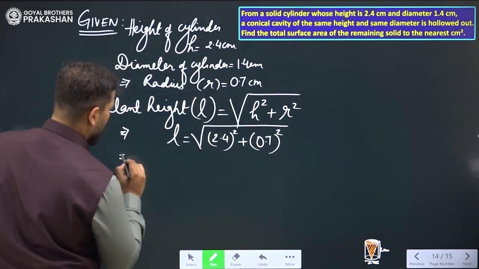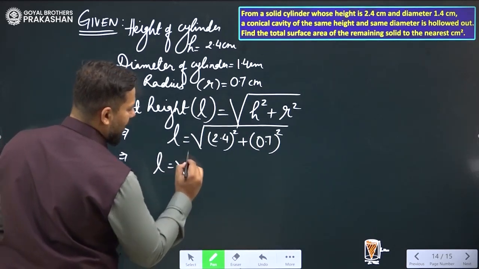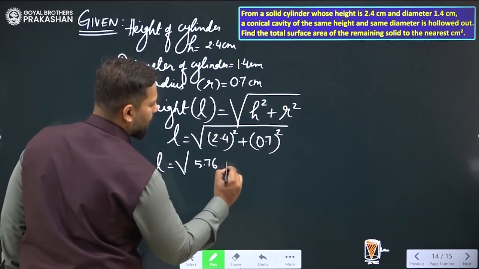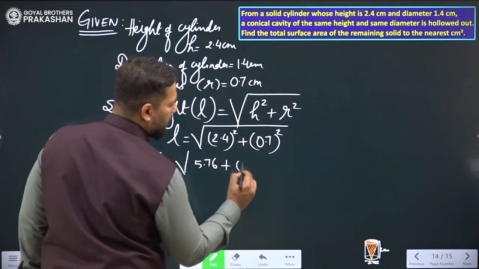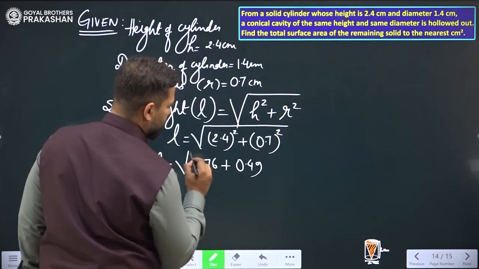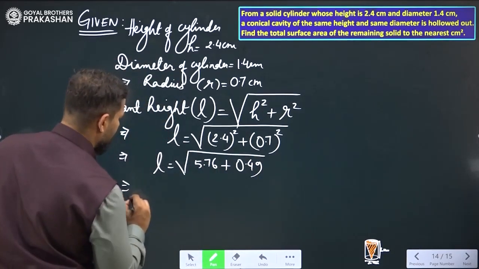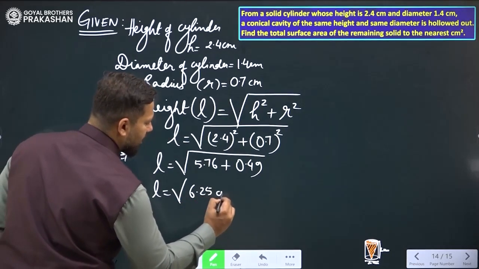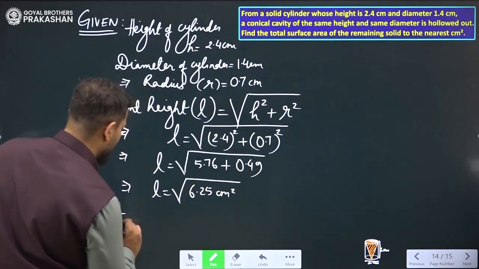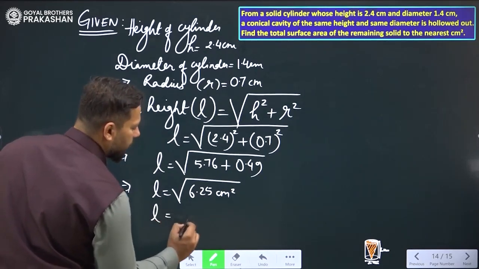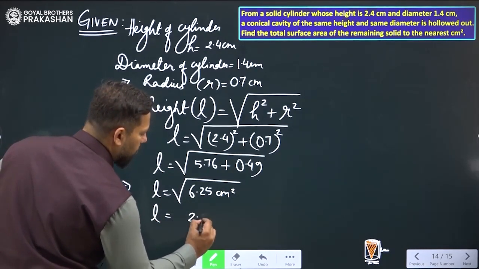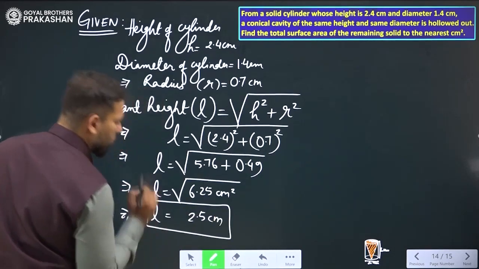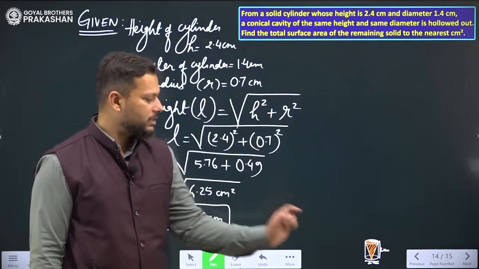When we further solve it, 2.4 square is 5.76 and 0.7 square will be 0.49. When we add them, we get 6.25 centimeter square. And when we take the root, we get 2.5 centimeter as the slant height. So we just found out the slant height of this cone.